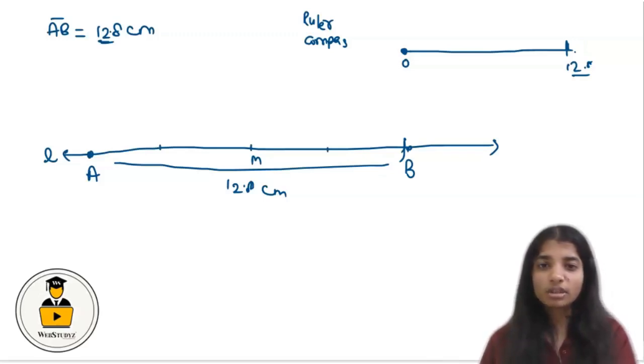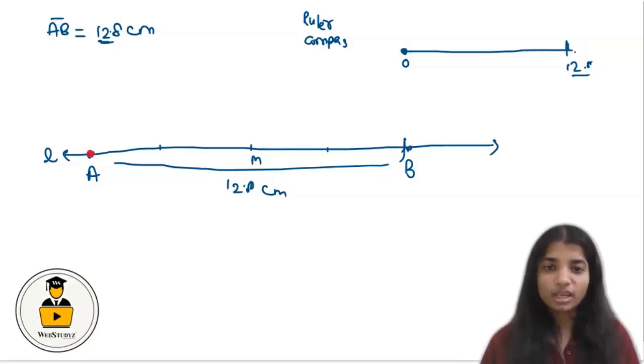Now in order to draw the bisector, what we are going to do is, we place the needle of the compass at the point A and open the compass more than half of the length of the line segment. Let's say this is the middle point we are considering. We have to open more than that middle point, and after opening that, we place the tip of the needle at point A and draw the arc, one at the upper side and one at the lower side.